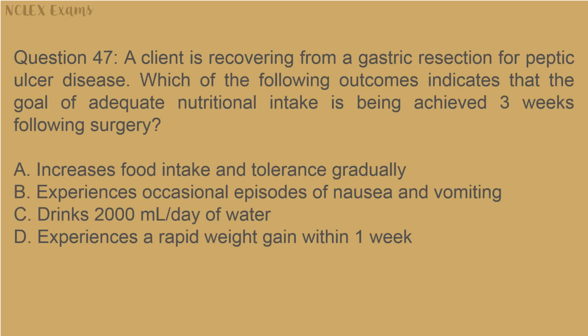Question 47. A client is recovering from a gastric resection for peptic ulcer disease. Which of the following outcomes indicates that the goal of adequate nutritional intake is being achieved 3 weeks following surgery? A. Increases food intake and tolerance gradually. B. Experiences occasional episodes of nausea and vomiting.